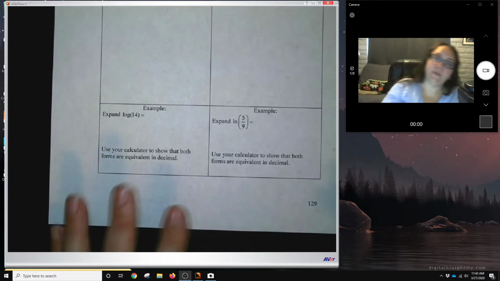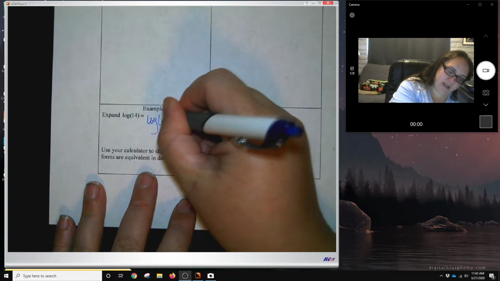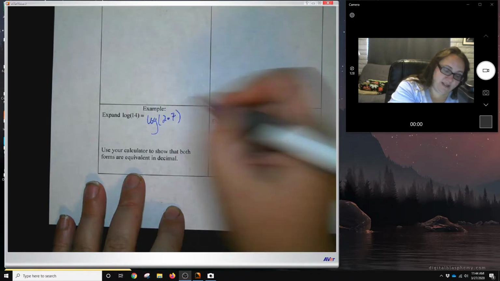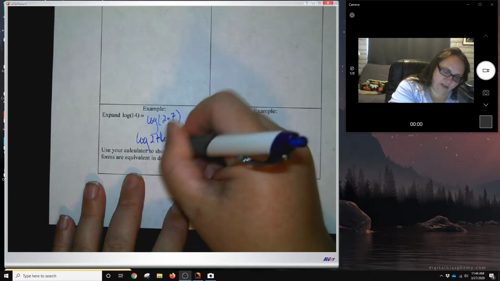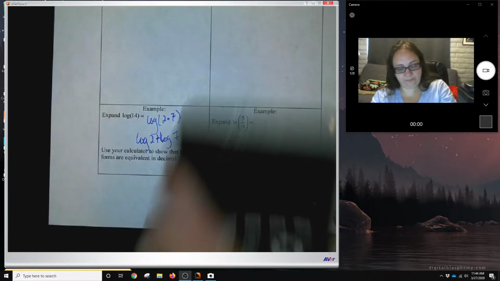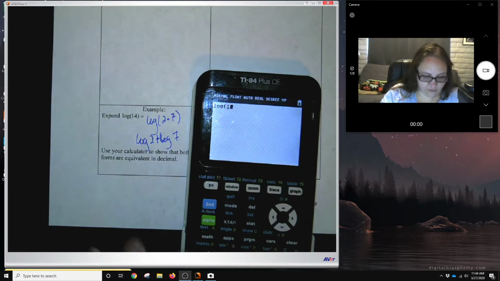For example, log of 14 is the same as the log of 2 times 7, which should be the same as the log of 2 plus the log of 7. Let's confirm. The log of 14, the log of 2 plus the log of 7.